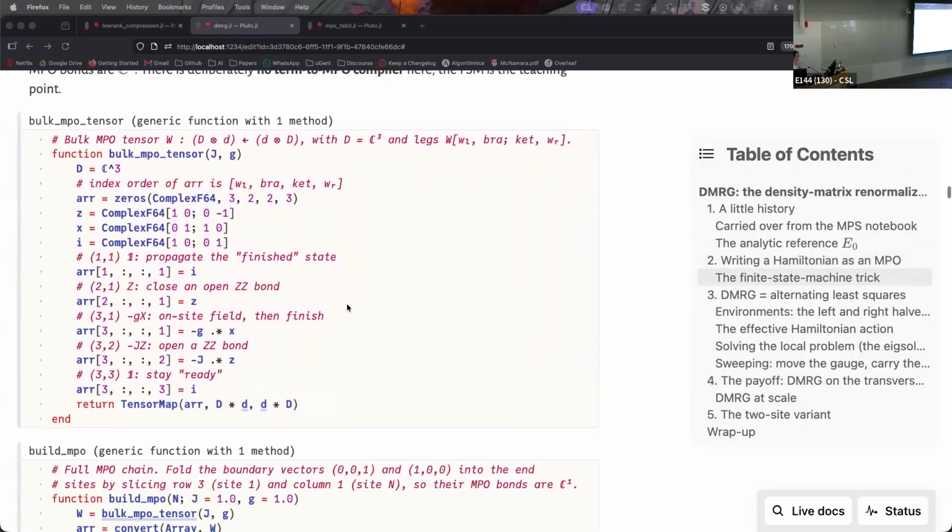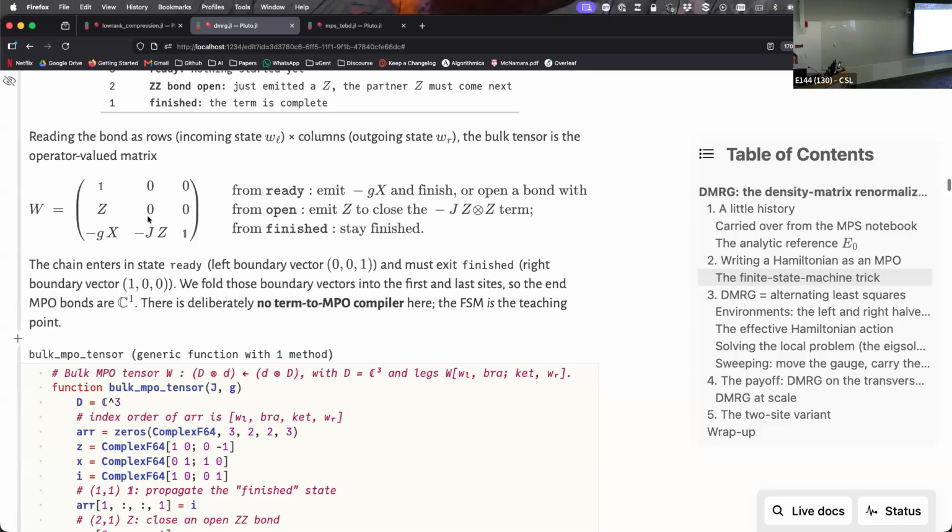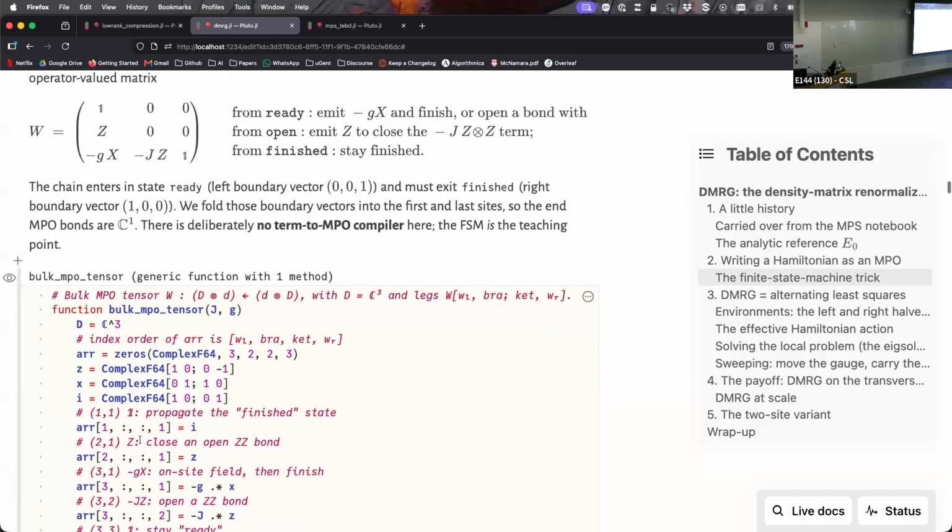Anyways, putting that into code, you have to do a little bit of index manipulation to create a tensor like this. What I did here is my first and last index of this four-dimensional tensor boil down to the rows and columns of this matrix, and the two middle ones boil down to the physical operators that it's acting on.